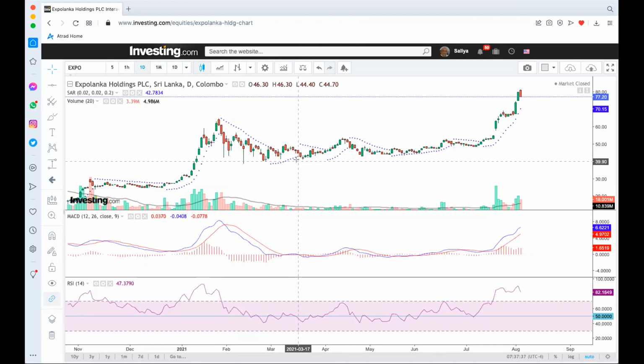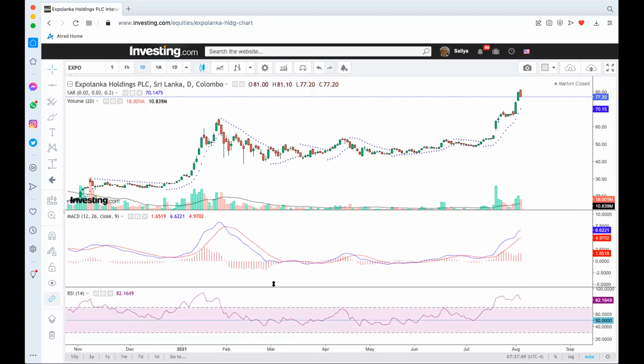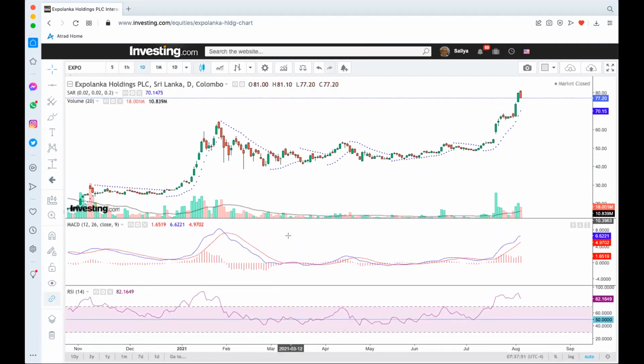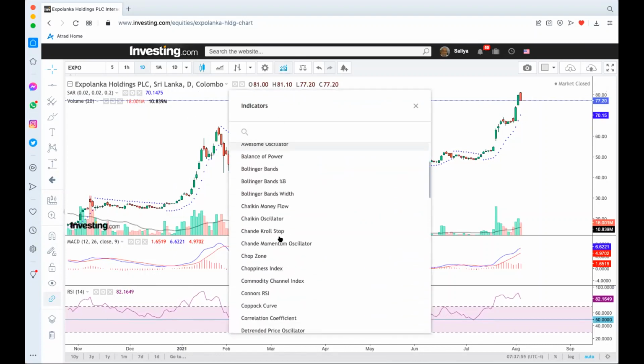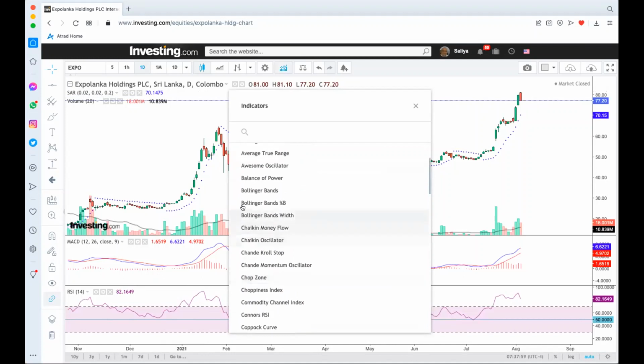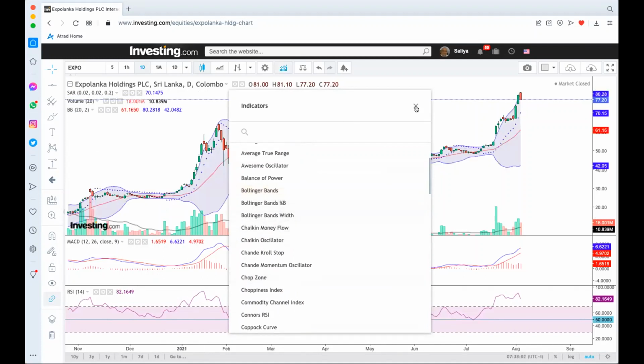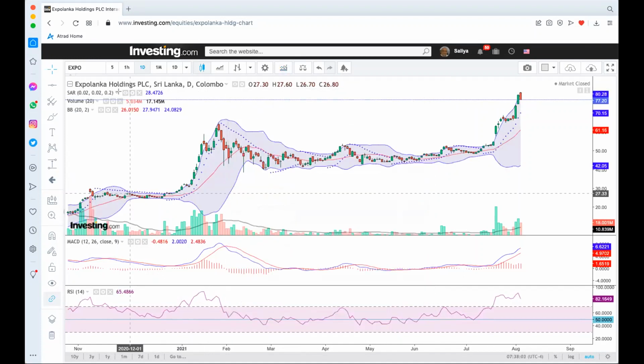So these are the things that we need to understand when we are using the parabolic stop and reverse. And since we also took the Bollinger Bands into this, if we include Bollinger Bands in this setup, like this, right, you can see that the prices are not crossing.